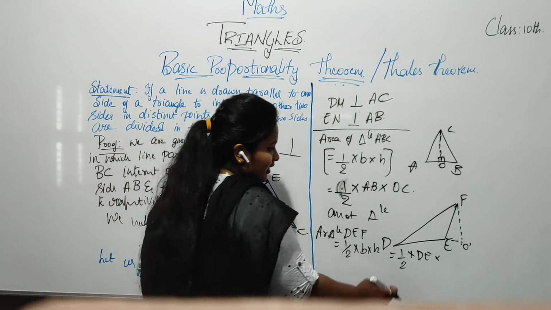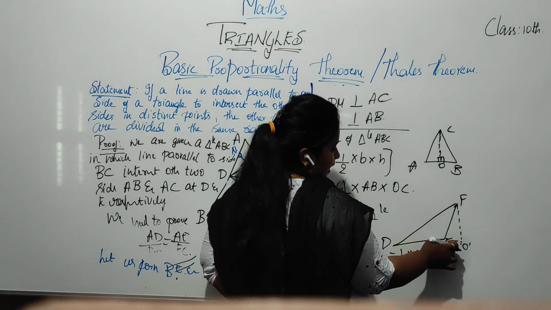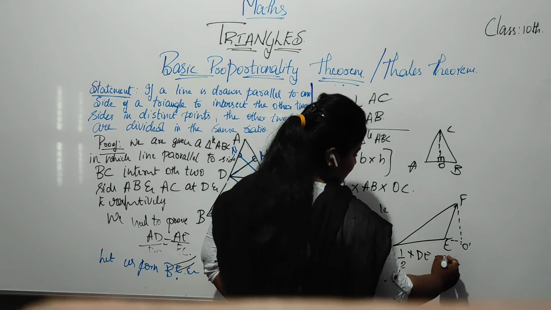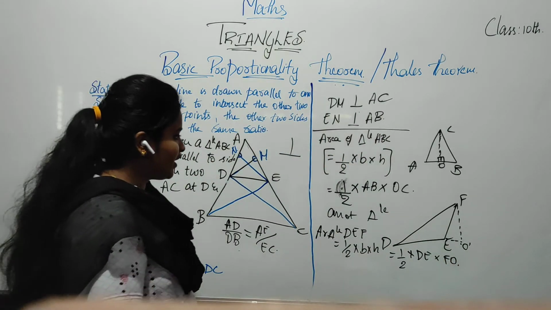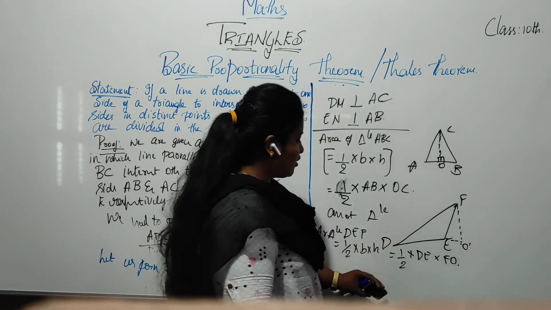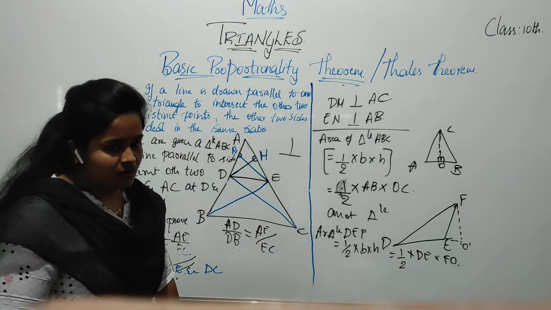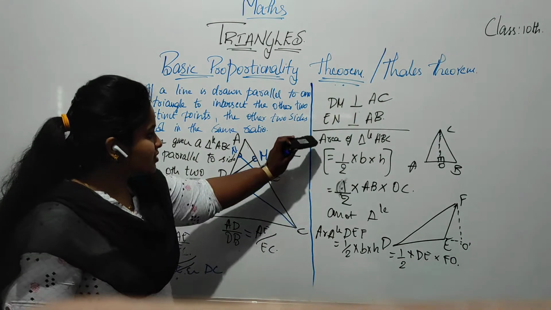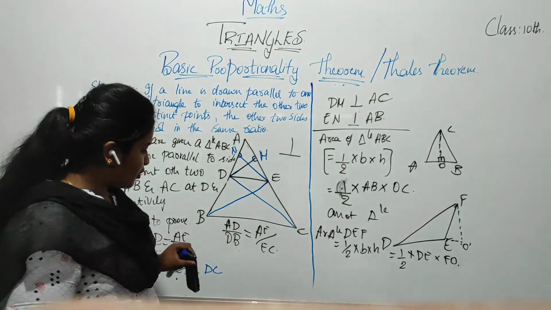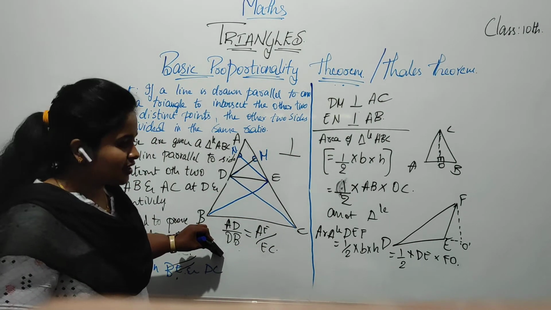In this triangle I draw it outside the triangle, and mark this point as O or F O. So to find the area of the triangle, half into base into height. We should know this concept before going to prove this theorem.